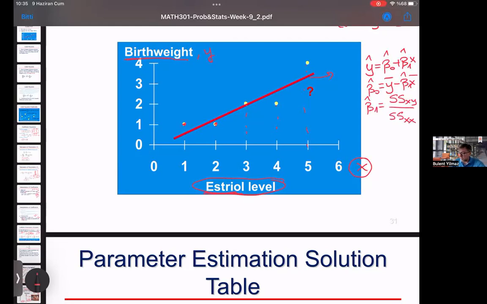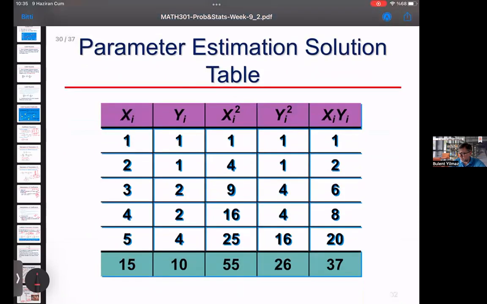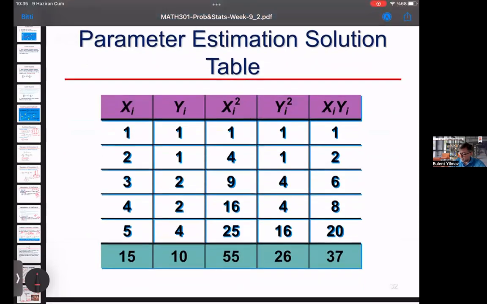So how do I find beta 1 and beta 0 will be my point. Okay, so here are my X values 1, 2, 3, 4, 5. My Y values. This is estriol level, and this is birth weight.